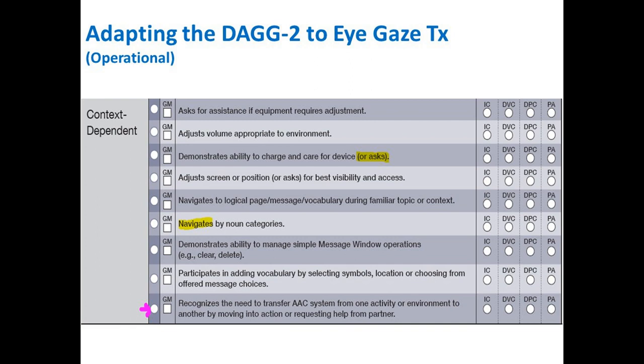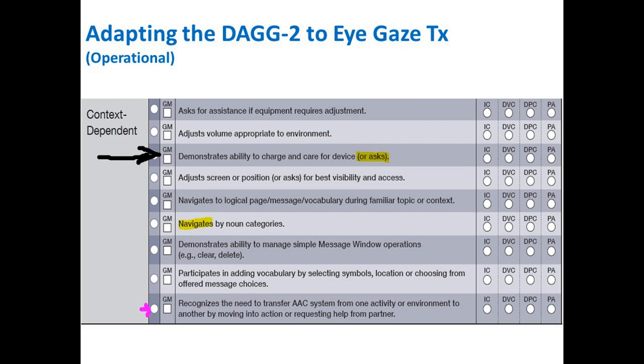Operational continuing. So for context dependent, do they demonstrate the ability to charge and care for the device? So that's a very interesting one. A lot of the eye gaze devices out there, the software programs, have the ability for the person to monitor their battery or the charge on the device.